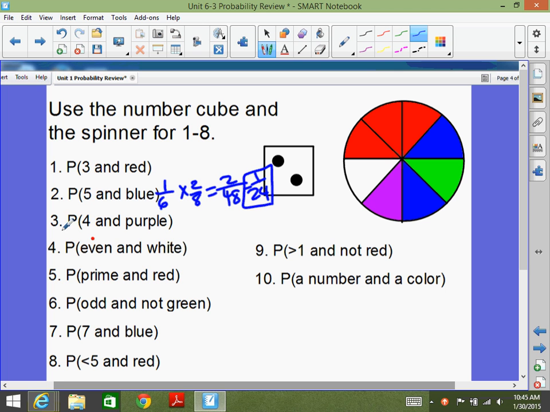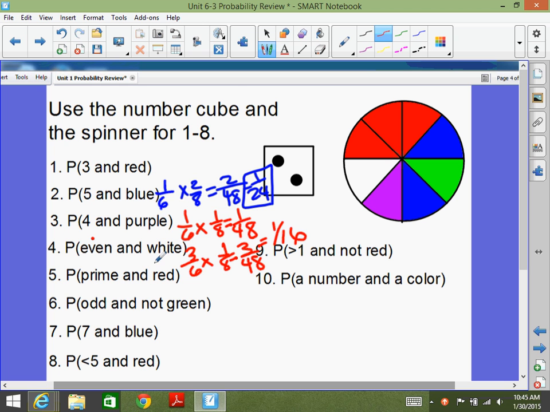Okay, number 3, the probability of 4. 1 out of 6 times 1 out of 8, which is 1 out of 48. Number 4, the probability of even. 3 out of 6. White, 1 out of 8, which is 3 out of 48, which reduces to 1/16.